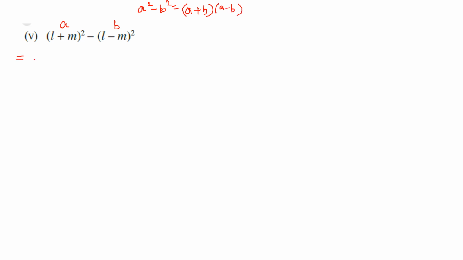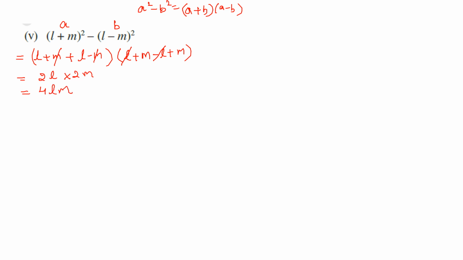So A plus B. A is L plus M plus B, B is L minus M. And next you have to use A minus B. So L plus M is your A minus of L minus M. So it will become minus L plus M. Now you can reduce M and minus M, and from here also you can reduce L and minus L. It will become 0. So it will be 2L into 2M. 2 into 2, 4LM. This is the factorization.